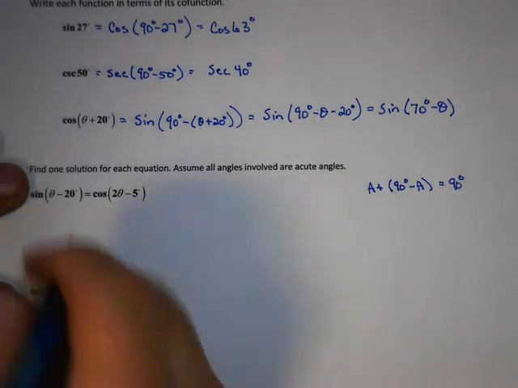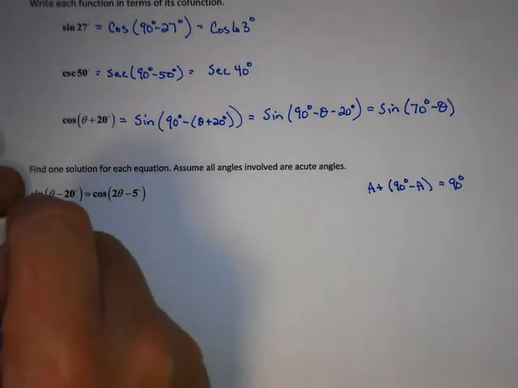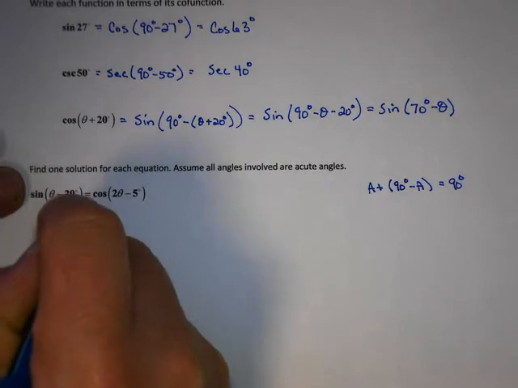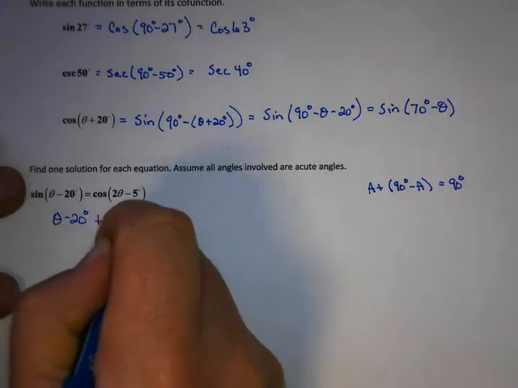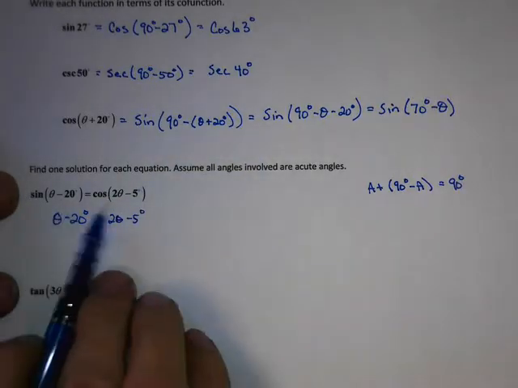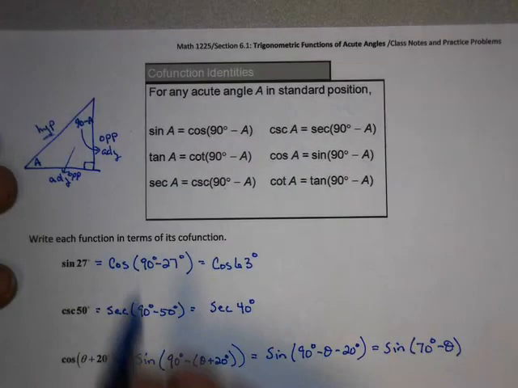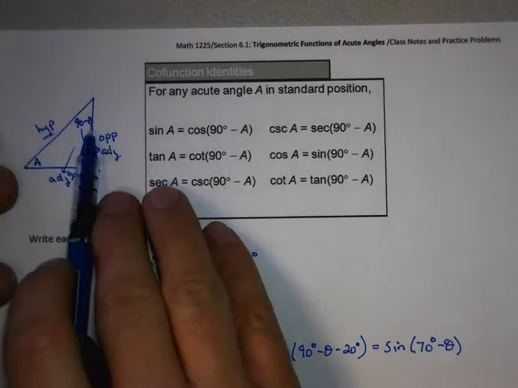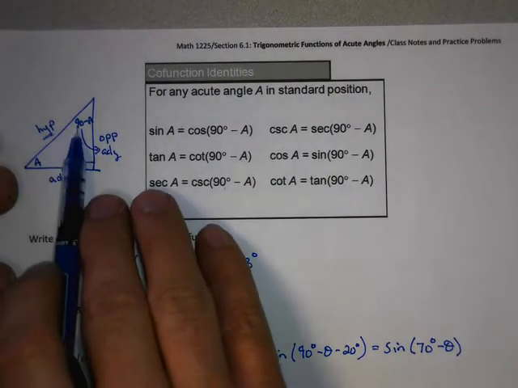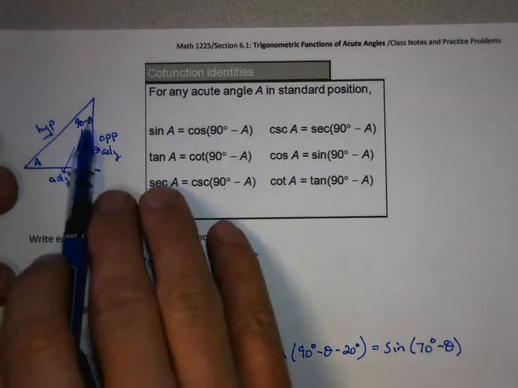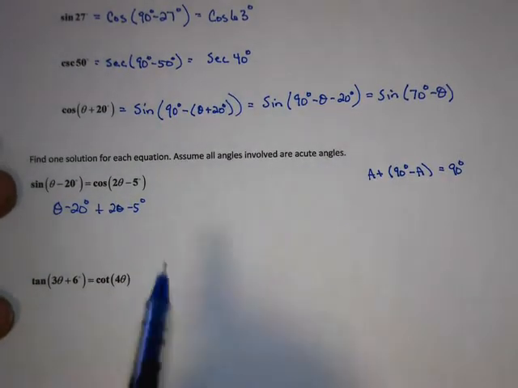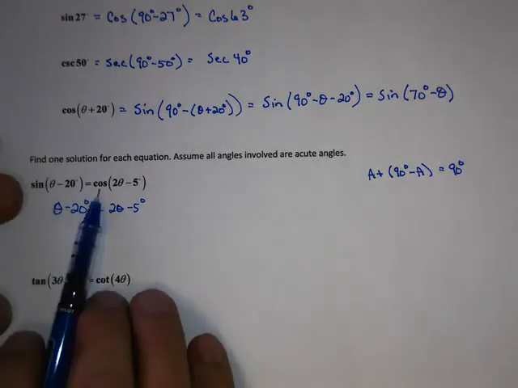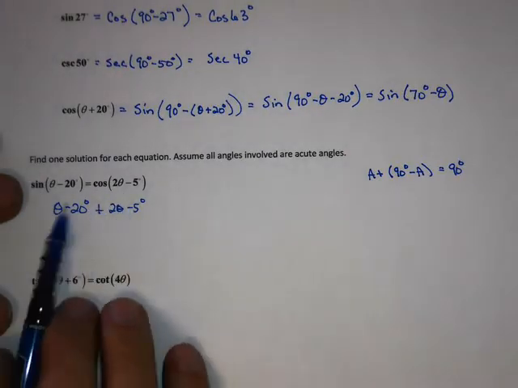So when we're solving these, we're going to say theta minus 20 degrees plus 2 theta minus 5 degrees. If we go back to our triangle, you can also think of it this way: those two angles are complementary angles, and two complementary angles have to add to 90 degrees. But if this was sine and something other than cosine, you wouldn't do it this way.